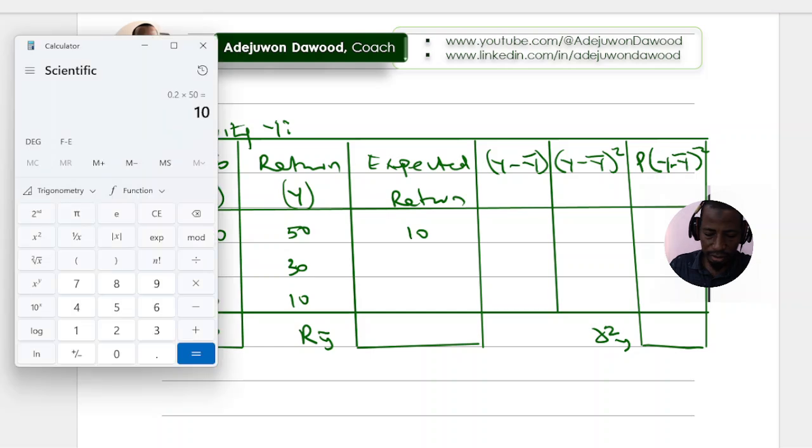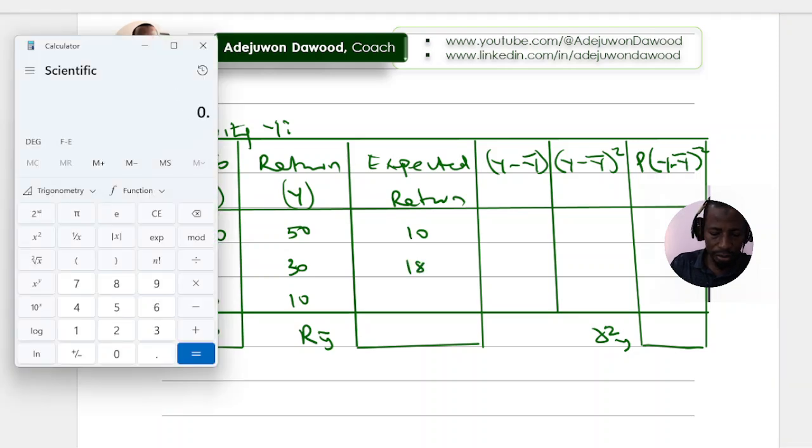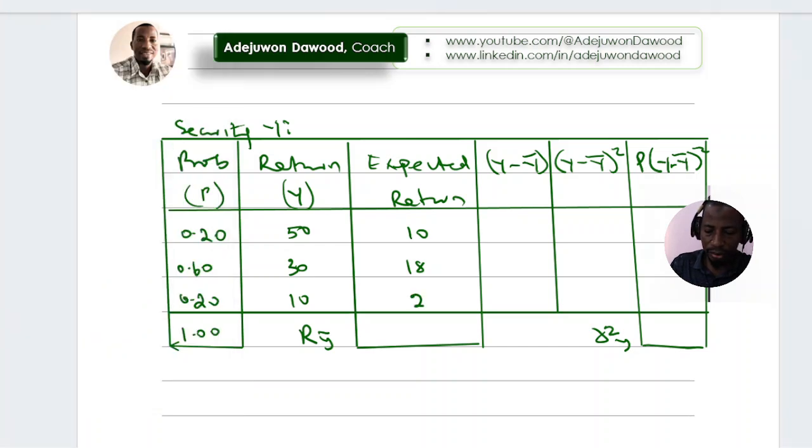Then 0.6 multiplied by 30 equal to 18. 0.2 multiplied by 10 equal to 2. When you add it up, that's 30. So expected return of security Y is 30.